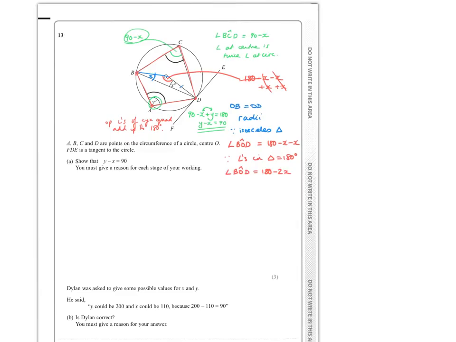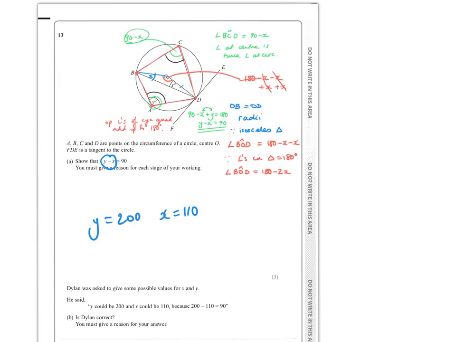The next part says Dylan was asked to give some possible values of x and y. He said y could be 200 and x could be 110, because from here 200 minus 110 is 90. But it's not just y minus x out of context. The context is the actual shape.